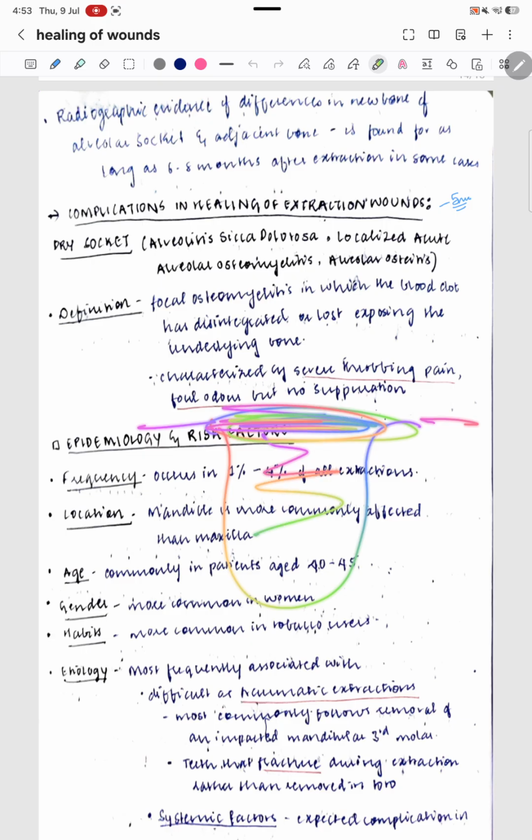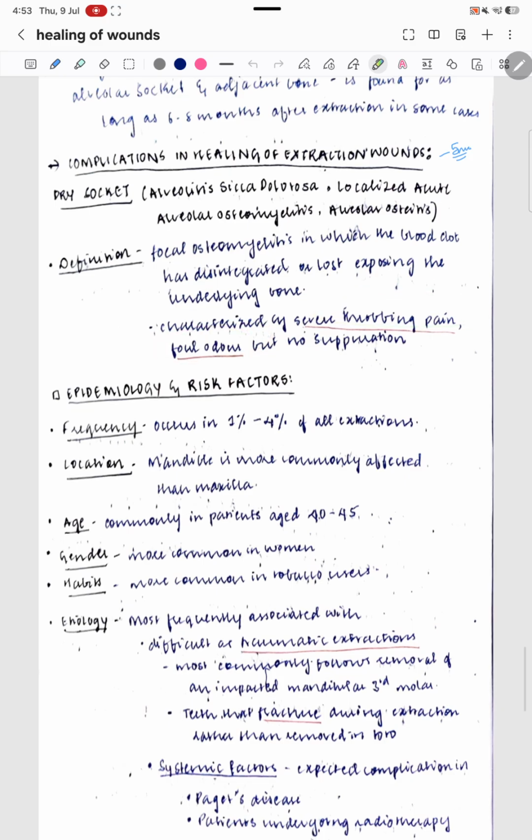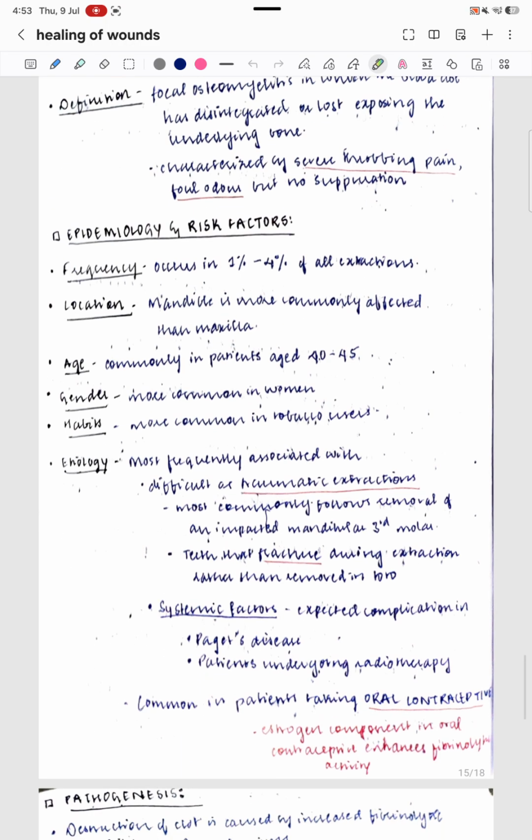But during this process, if the clot itself is displaced or disintegrates, losing its position, then it is going to expose the underlying bone, and there are characteristic symptoms, that is throbbing pain and foul odor, but no suppuration, that is there won't be any pus. There will be throbbing pain and foul odor.